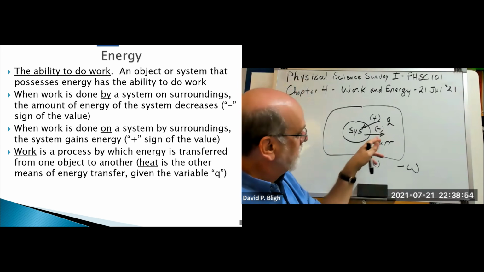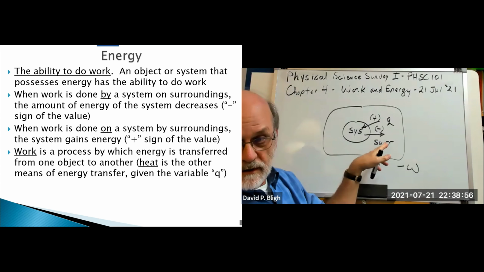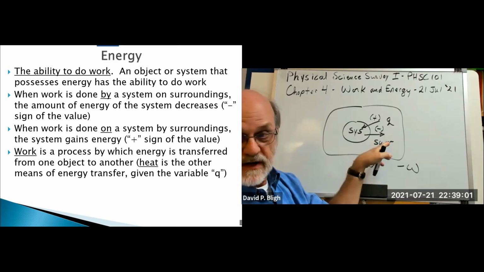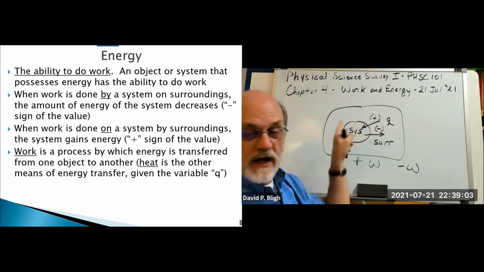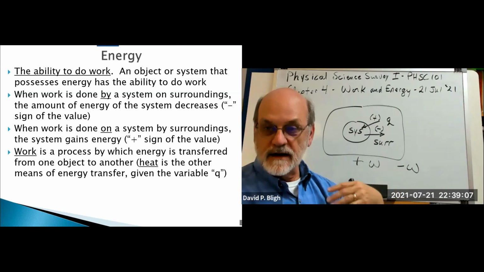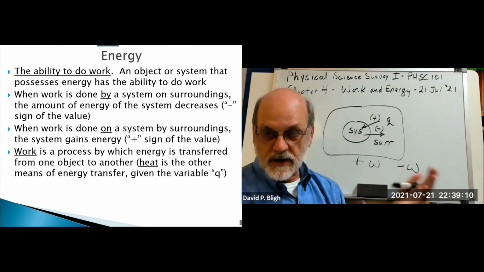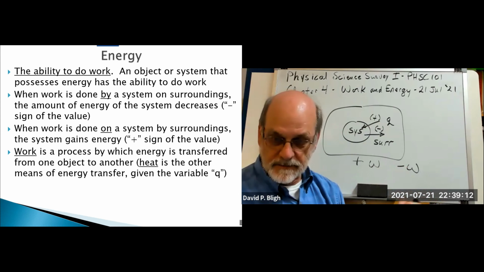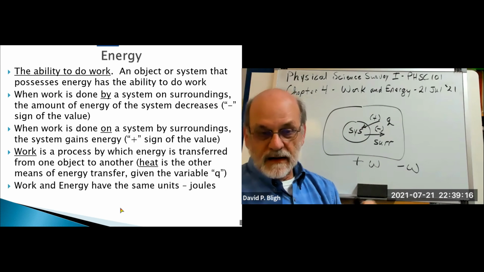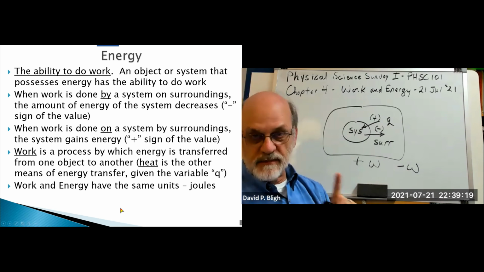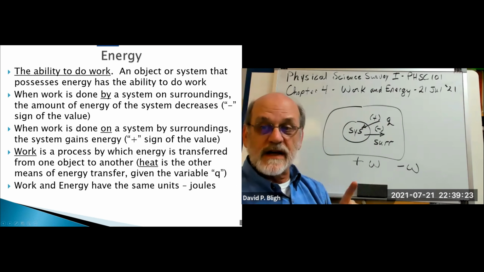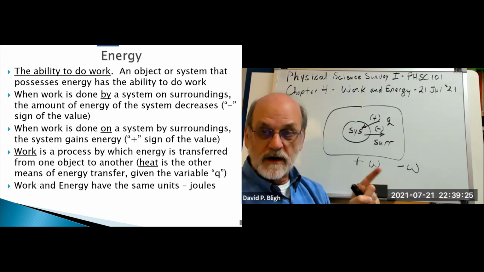So in other words, if the surroundings gets colder and the system gets warmer at its expense, then heat is being transferred into the system and the value for the heat is positive because everything is referenced to the system. Now, work and energy have the same units of measure. Energy is the ability to do work, so it has the same units of measure as work, joules.